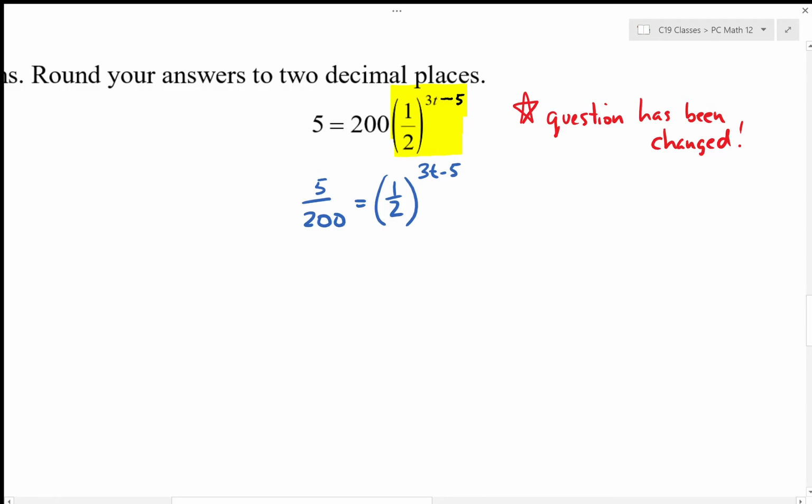Okay, so that's good. If you wanted to, you could take that 5 over 200 and reduce it to 1 over 40, I believe, right? So 5 divided by 200, you could do that if you want to. I generally don't, to be honest. I will just leave it the way it is because there's no point in doing it.